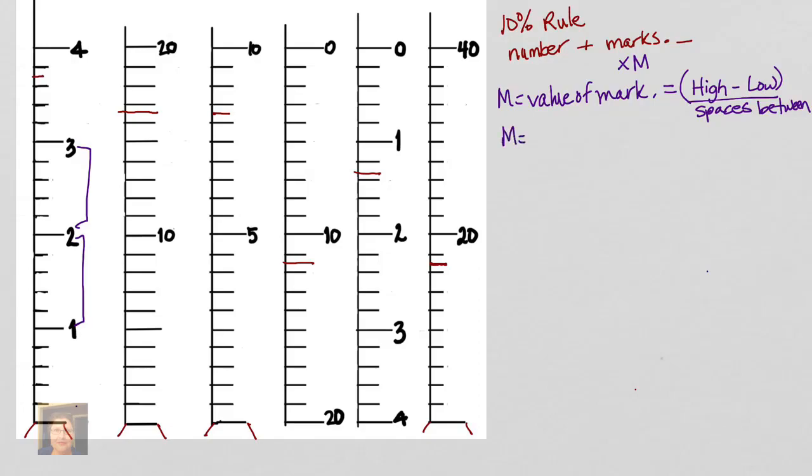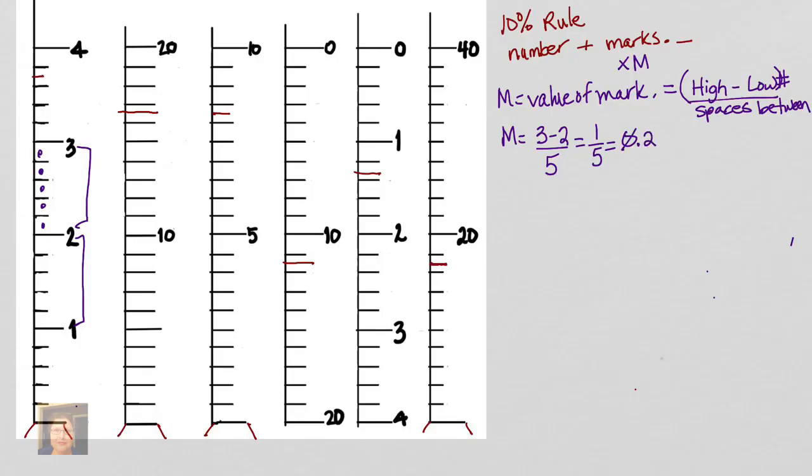If I choose between 3 and 2, again the high minus the low number, I'm going to divide it by the spaces between: 1, 2, 3, 4, 5 spaces between. Again, I didn't count lines, I counted spaces. Then what I find is that the value of each mark is 1/5, or 0.2 in the decimal form.